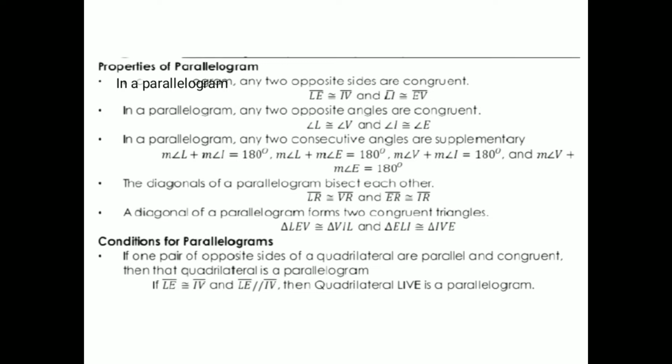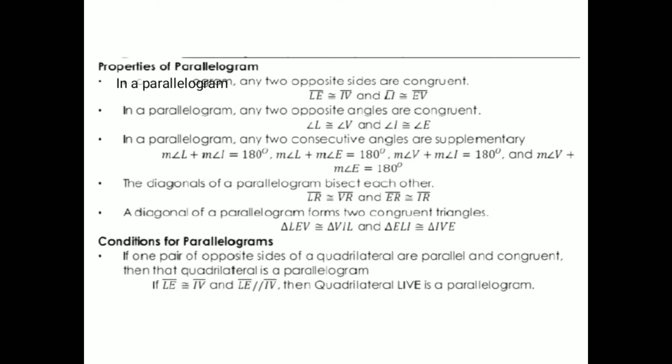And lastly, the diagonal of a parallelogram forms two congruent triangles. So kapag nag-draw tayo ng diagonal, mahahati yung parallelogram into two congruent triangles, which is triangle LEV, triangle VIL, and then triangle LEV is congruent to triangle VIL.